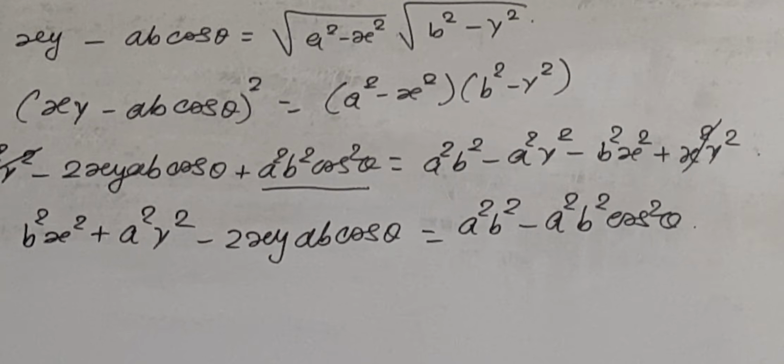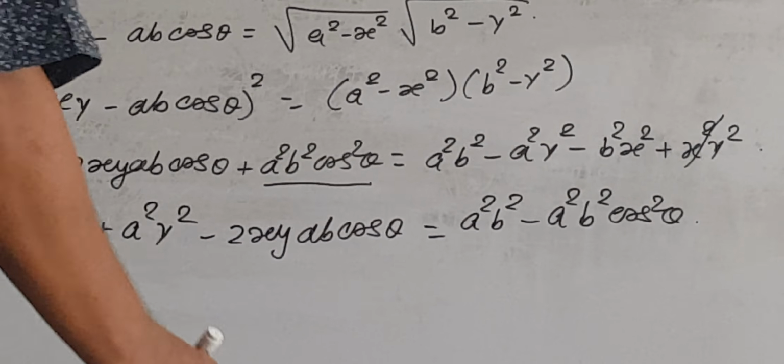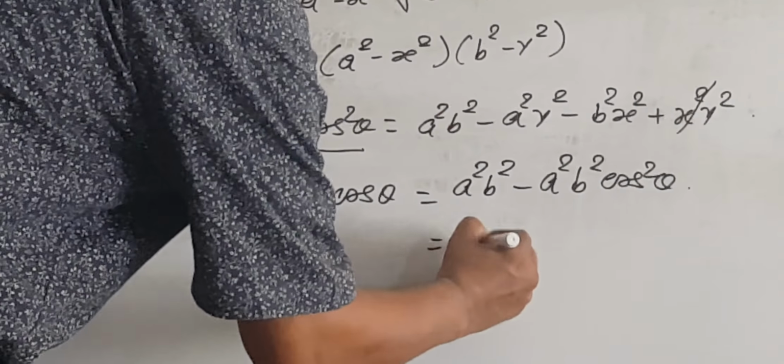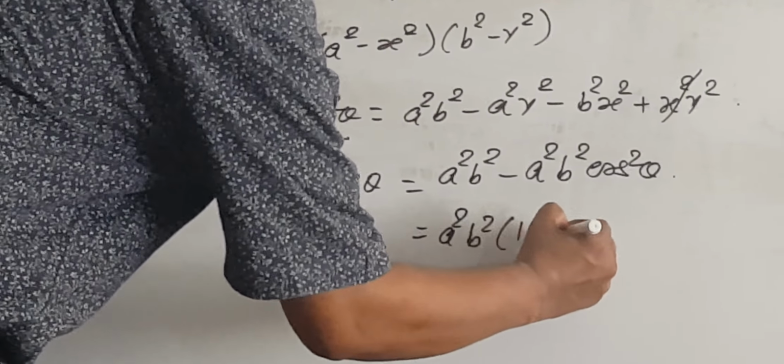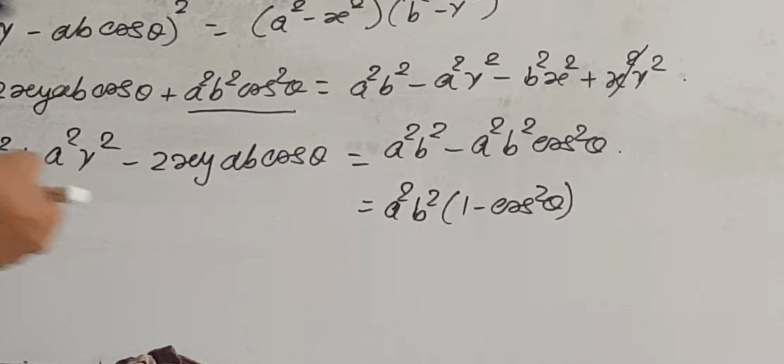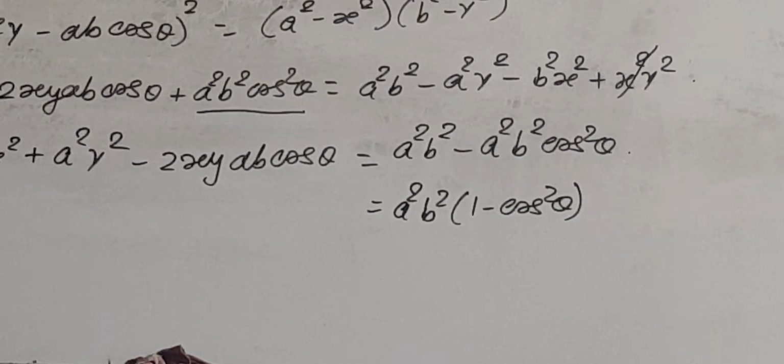Is that clear? Look, here a square b square is common. So remaining is 1 minus cos square theta, that will become sin square theta.